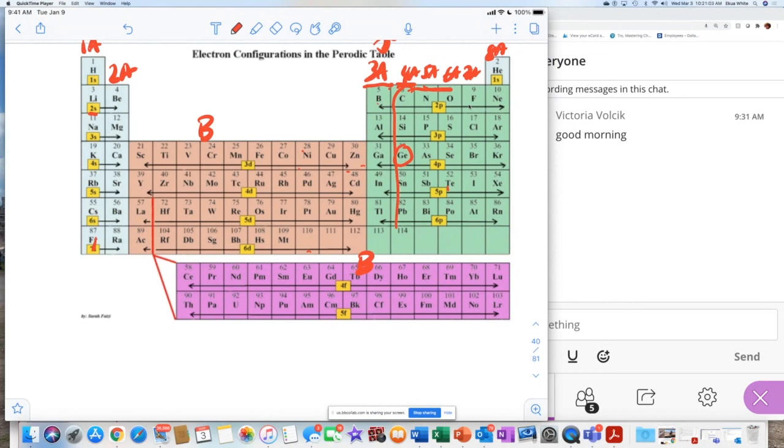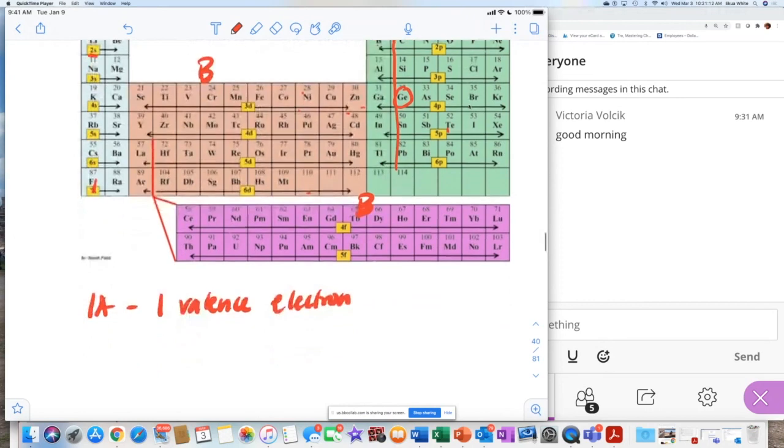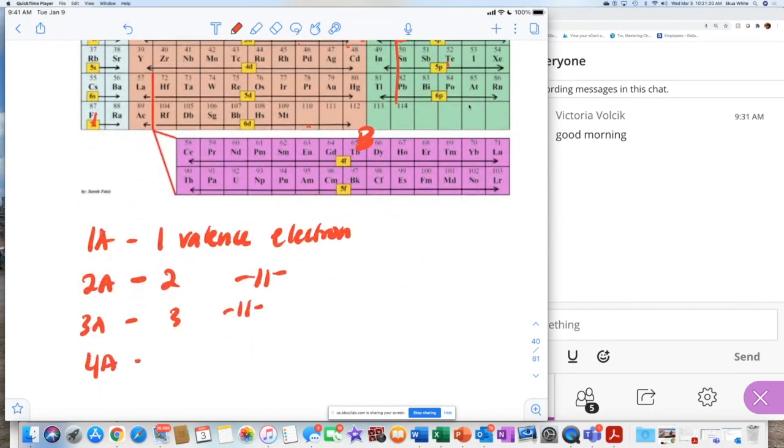So let's start with the beginning. 1A will have 1 valence electron. And then 2A, 2 valence electrons. 3A, 3 valence electrons. 4A, 4 valence electrons. And so on.